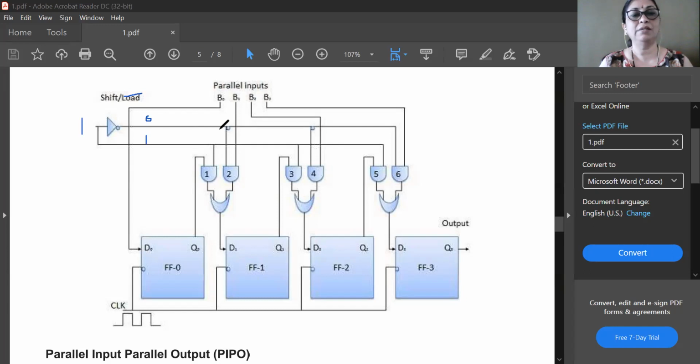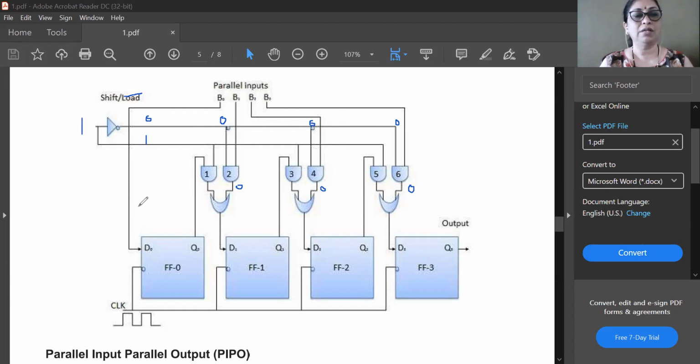The upper line is given as input to AND gate number 2, 4 and 6, and therefore one of the inputs of AND gate number 2, AND gate number 4 and AND gate number 6 are all zeros. So whatever may be the other input, the output will be 0. So AND gate number 2 has 0 output, AND gate number 4 has 0 output, and AND gate number 6 also has 0 output.